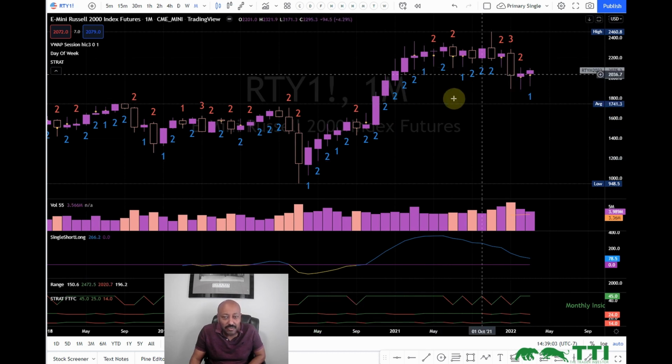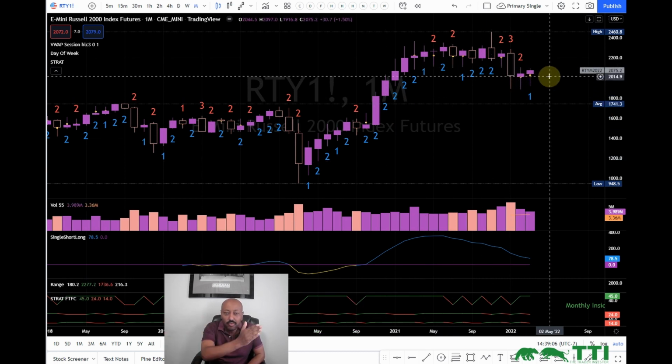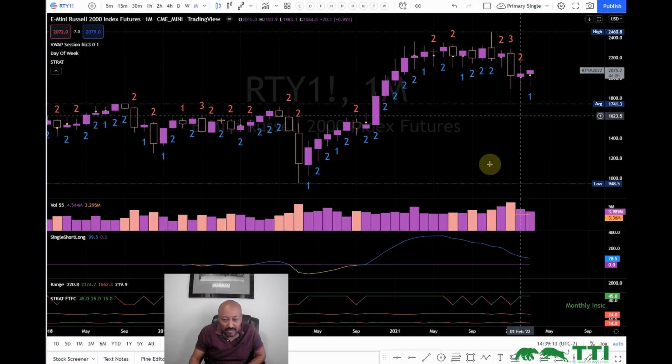So first thing I do is looking from right to left, what is the most significant trend that I see and the most significant swing that I see? That's really where I start.